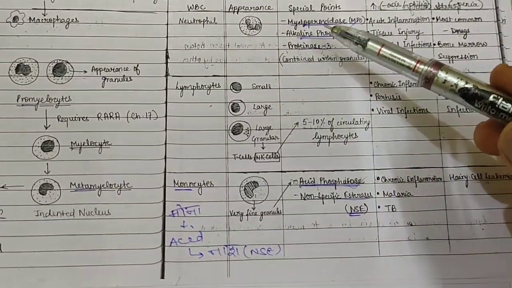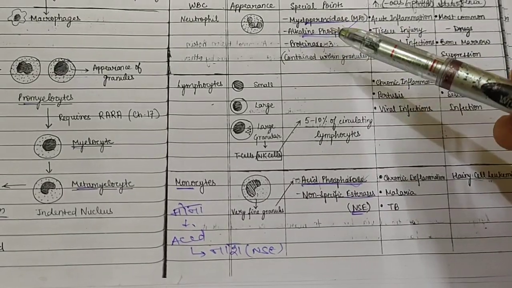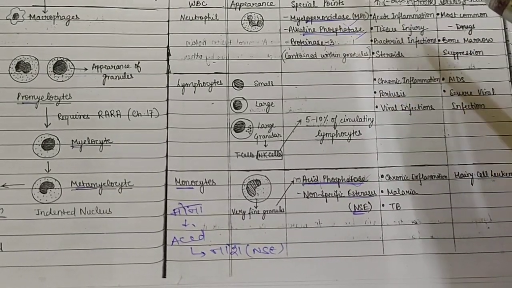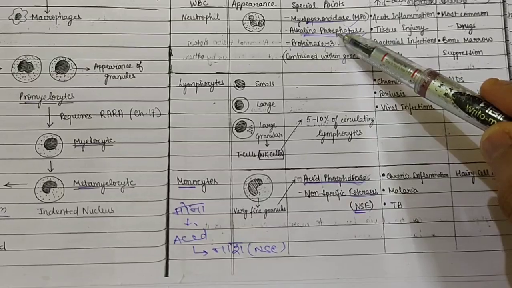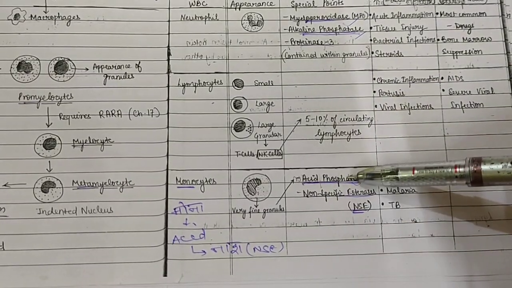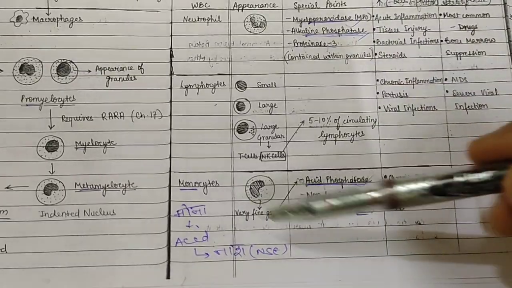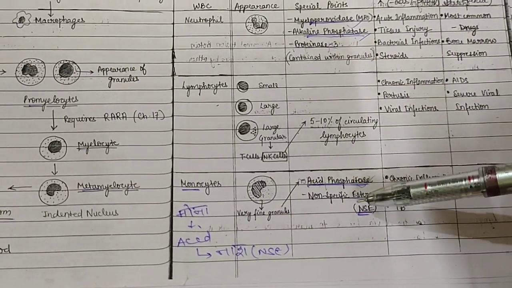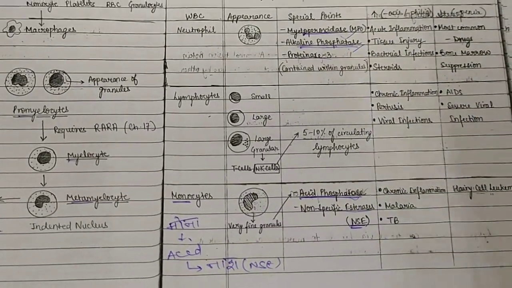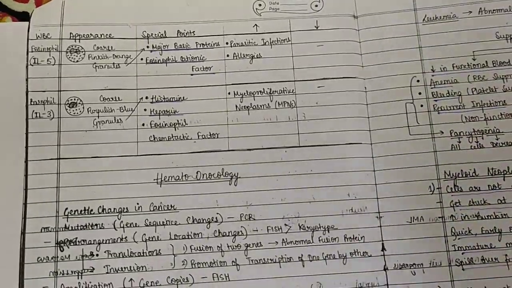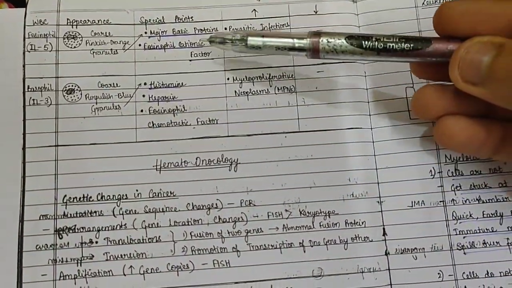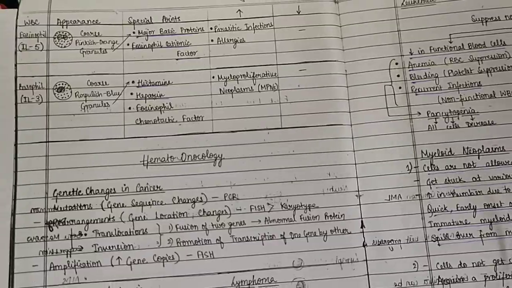So remember this: neutrophil is alkaline phosphatase positive, whereas monocyte is acid phosphatase positive. Neutrophil is also proteinase 3 positive, whereas monocyte is acid phosphatase positive and non-specific esterase positive. Clear? Now eosinophils have major basic protein and eosinophilic cationic factor.